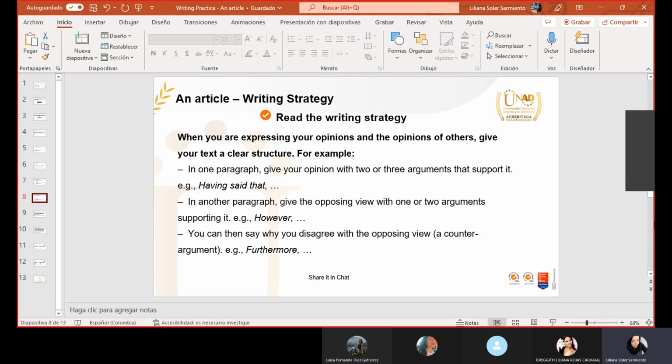Luisa Fernanda, could you read the first part, please? The writing strategy. When you are expressing your opinion or the opinion of the other, give your text a clear structure.